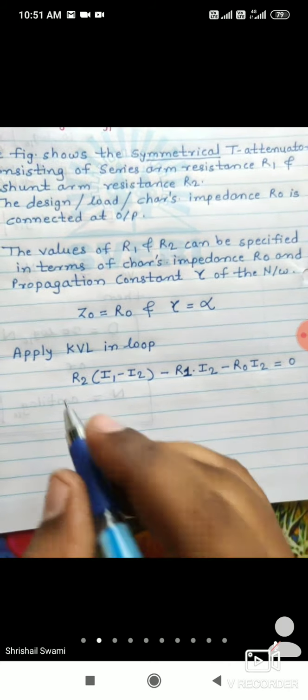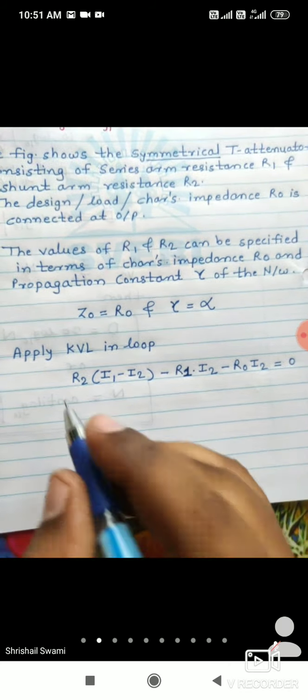Now this part only consists of I1, so I will keep it in the left hand side. Remaining consists of I2, that all I will take in the right hand side. So minus minus minus in the right hand side becomes plus. So R2 into I1 is equal to R2 into I2 plus R1 into I2 plus R0 into I2.